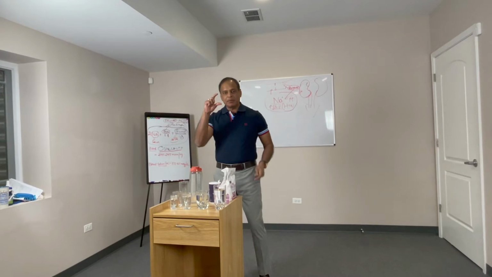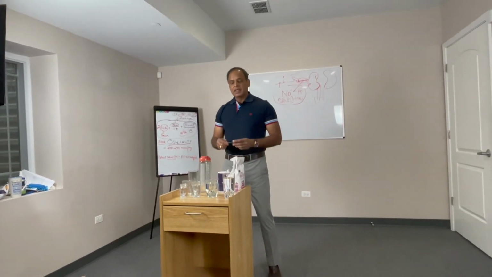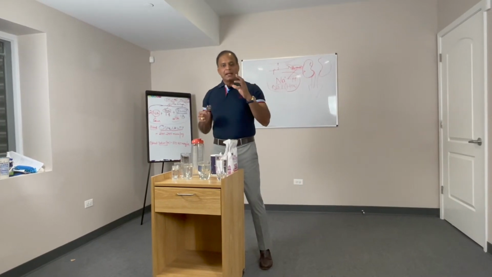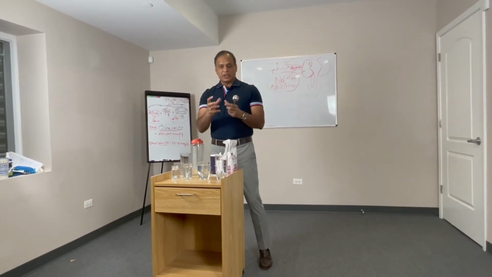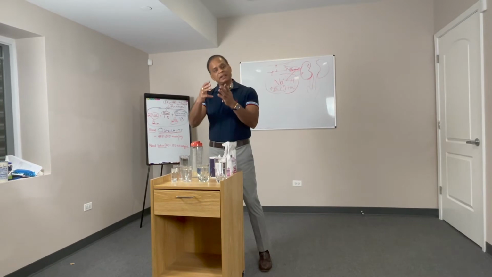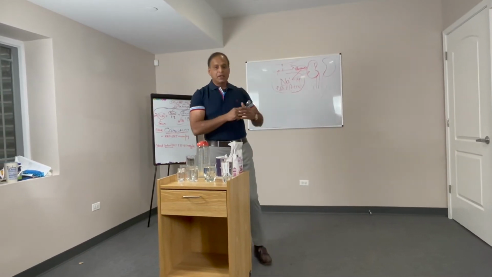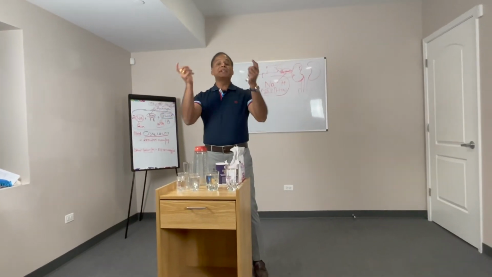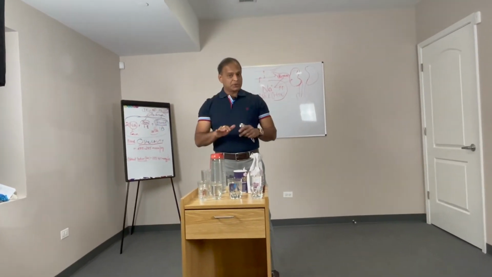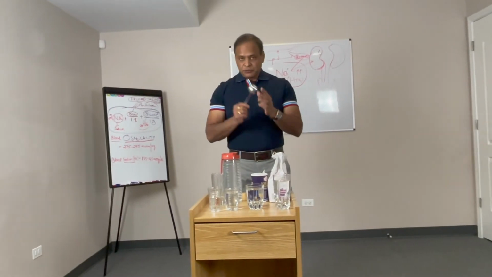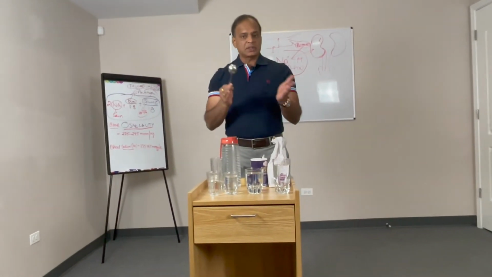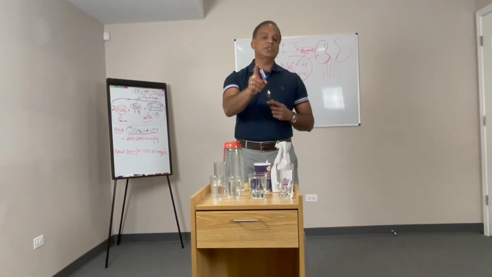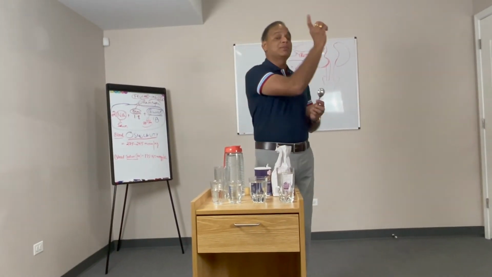Osmolality is a set number of molecules in a fixed volume that decides the concentration, and that concentration is reflected in terms of blood pressure. How much concentration is there? If it is very concentrated, blood pressure goes up. If it is very dilute, blood pressure comes down. The osmolality translates into concentration, and that concentration translates into blood pressure.